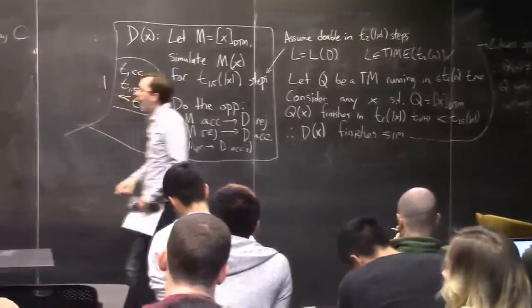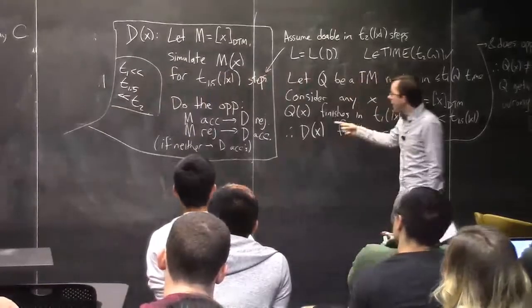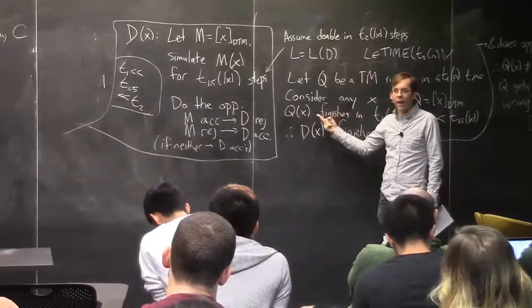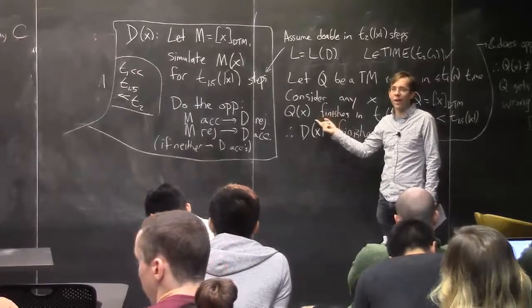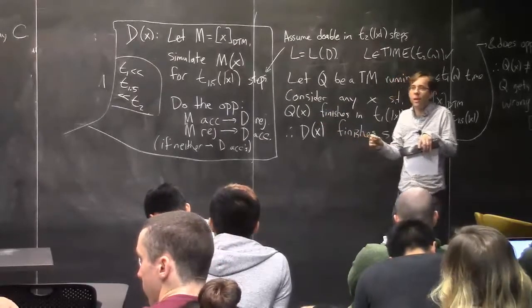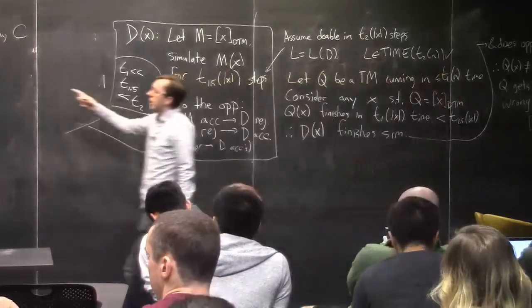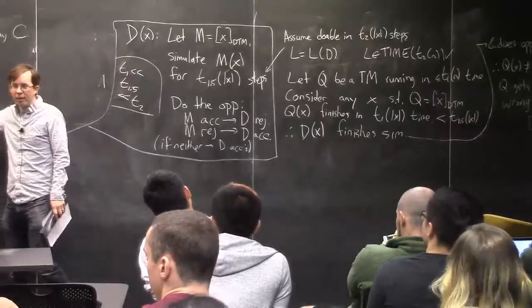So really, it's not enough to beat a big O of t1 or a big O of n time Turing machine for a single n, for a single input of length n, because that input length might not be long enough to get into the regime where this running time is beating this running time.